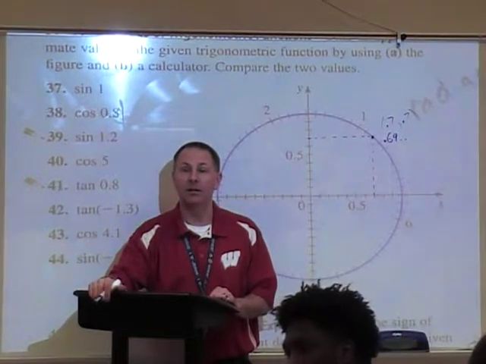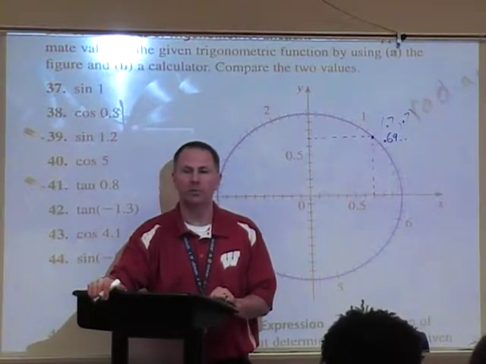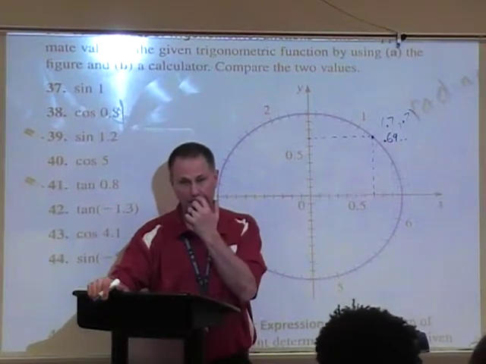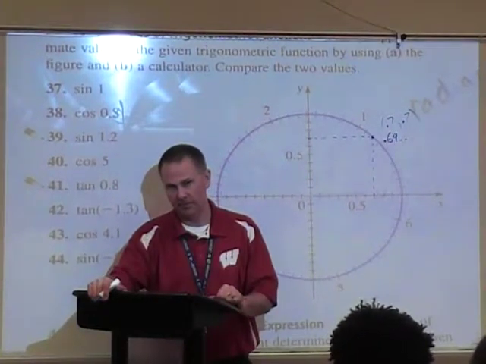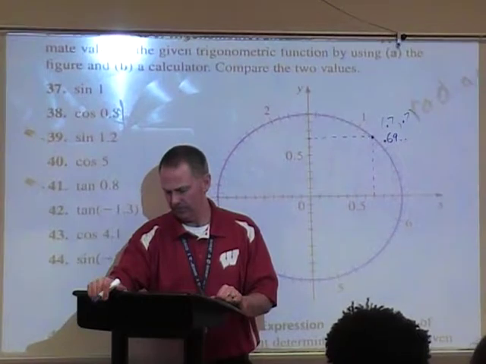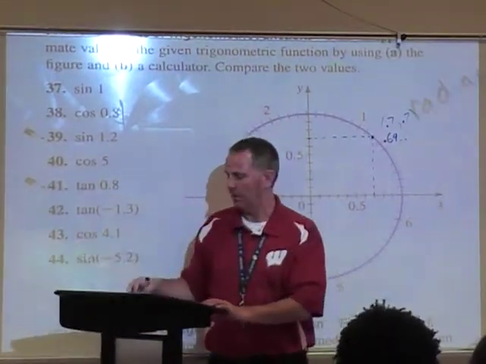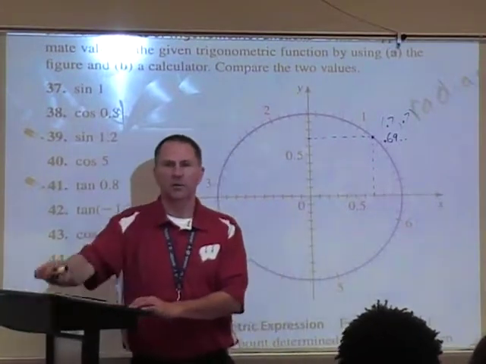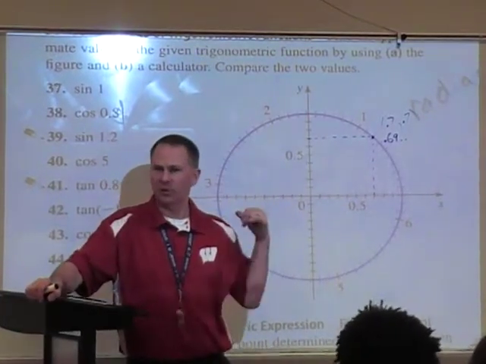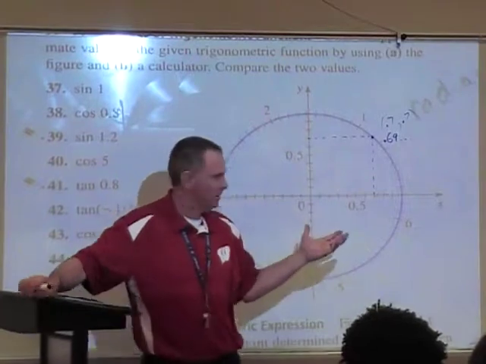Do it again. Cosine 0.8. Oh, you got 0.69? Yeah. You must have hit a button or something. Okay? That's what you're going to do on these. That's easy, right? Okay.